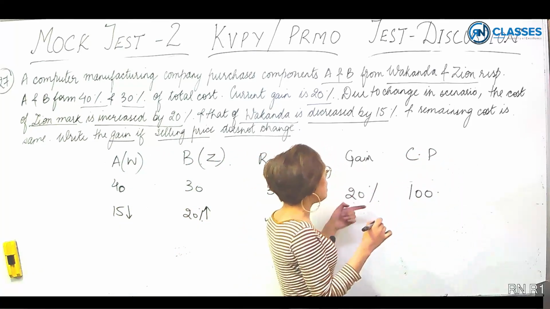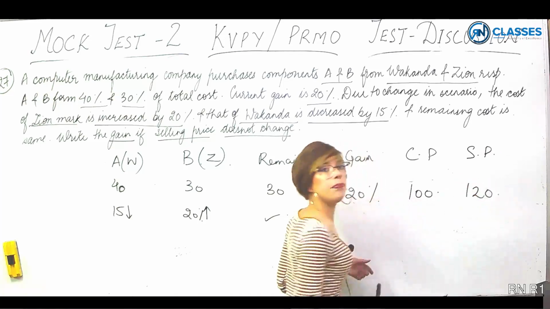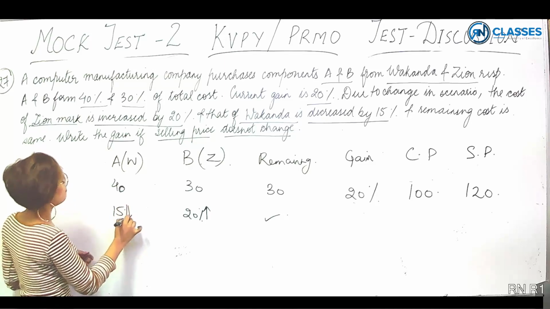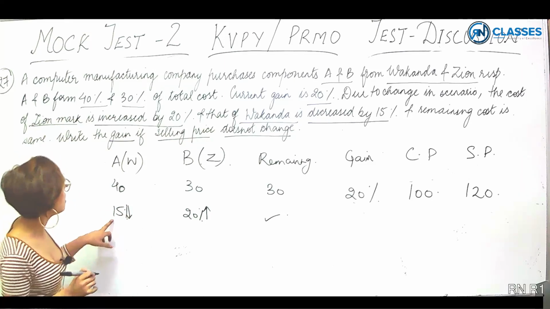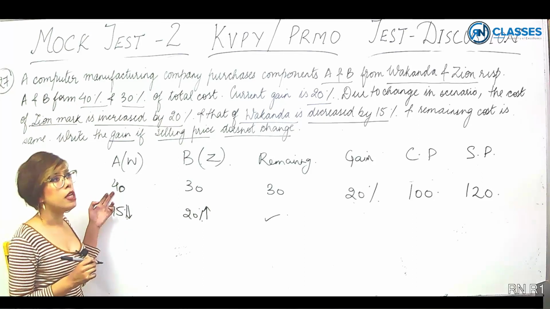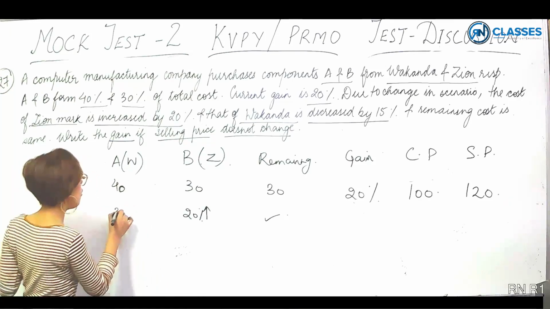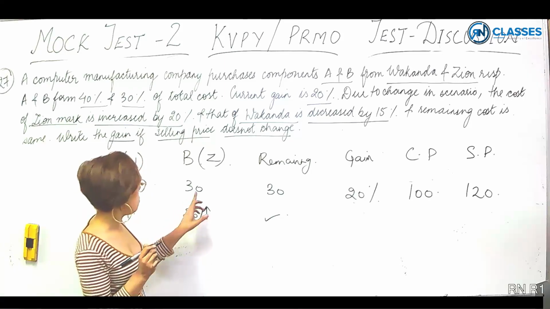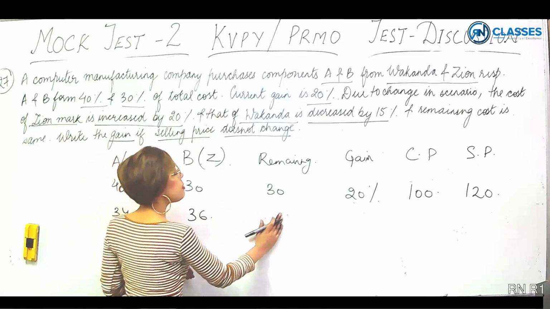Now, since gain is 20%, the selling price would be 120. Now, the cost price is decreased by 15%. So, 10% of 40 is 4, 15% would be 4 plus 2, 6. So, 6 has been decreased, so this becomes 34. And 20% increase, 10% is 3, 20% would be 6, so this becomes 36. And remaining cost remains the same.